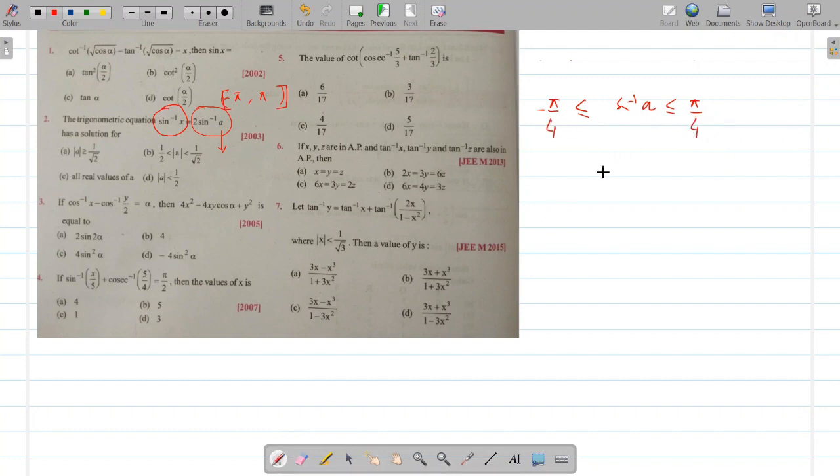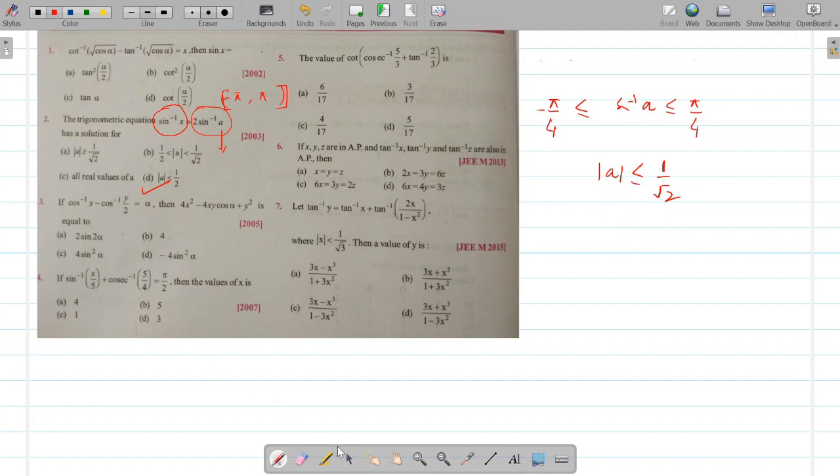So that means mod a's value will have to be less than or equal to 1 by root 2. So D option is correct here. They have not included it, but we can also include that value.